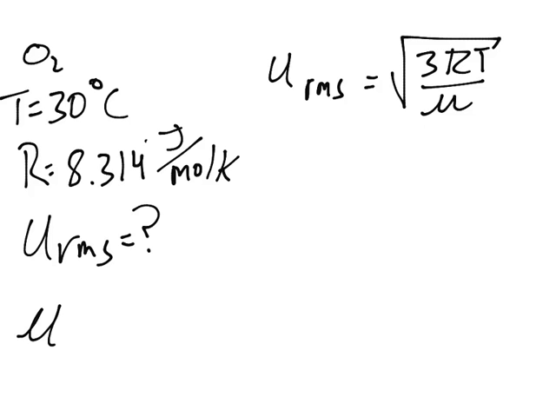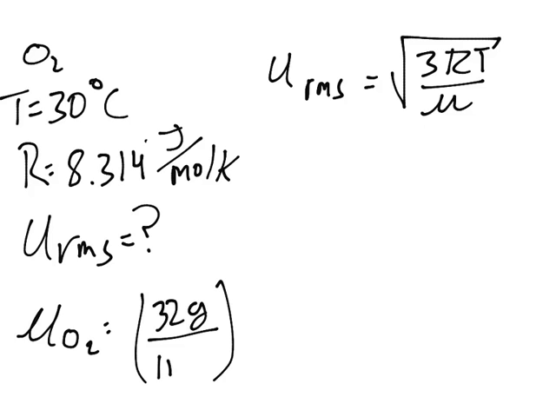So they told us that we only have 1 mole of oxygen gas. So we have to write our grams up because we want the molar mass, so it has to be in grams per mole, or in this case kilograms per mole. So a diatomic molecule of oxygen has to be 16 times 2, so we'll just say 32 grams, and that's one mole.